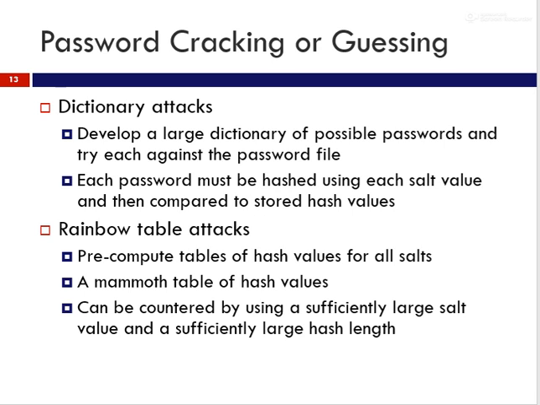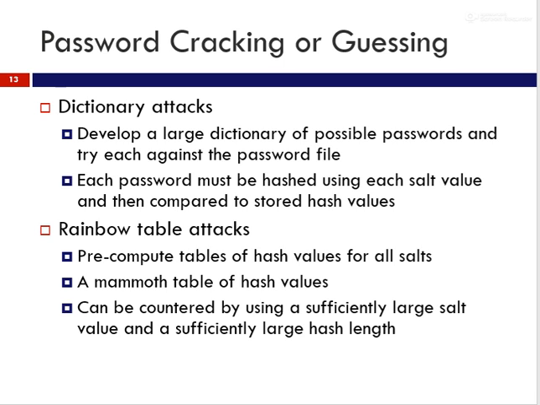In order to crack or guess a password, there are two most commonly used attacks: dictionary attack and rainbow table attack. In a dictionary attack, the attacker uses a large dictionary of possible or common passwords, because mostly people use common words as a password.